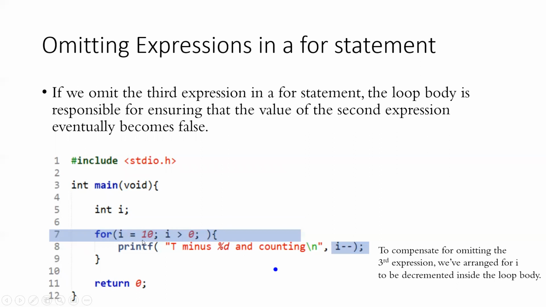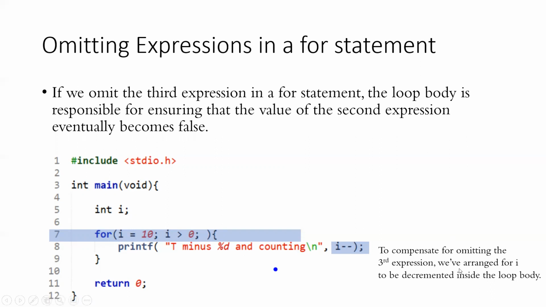So you have the initialization, the condition, and then the update. As you can see, it is blank here, but without the update, there is no way for the loop to terminate. That means it will result in an infinite loop.